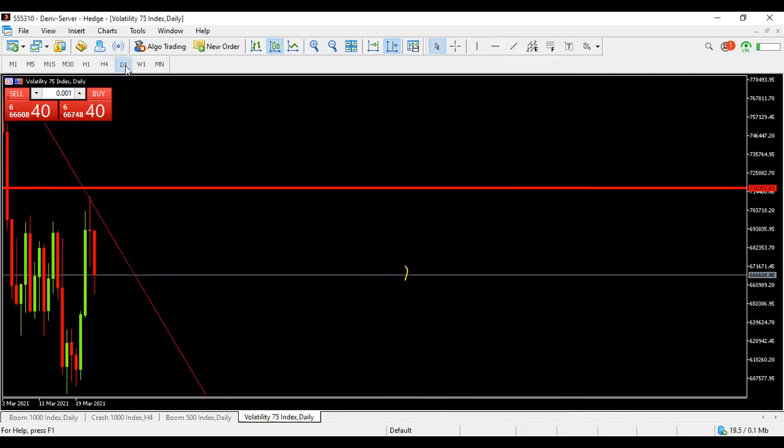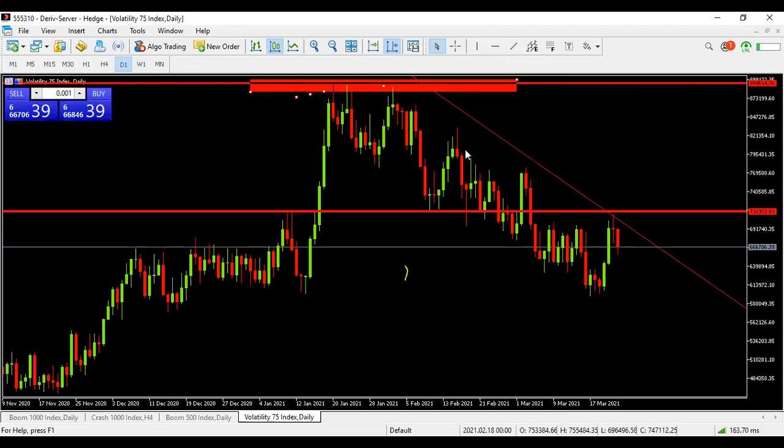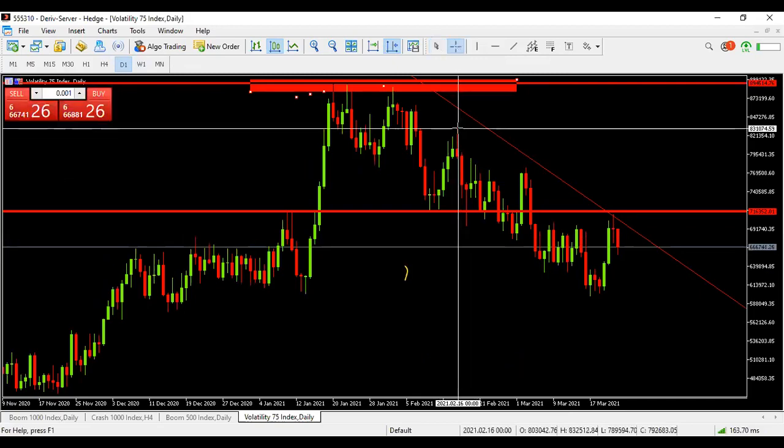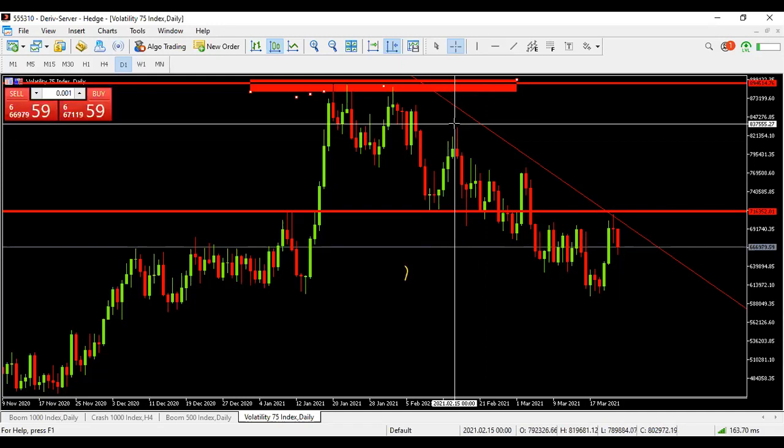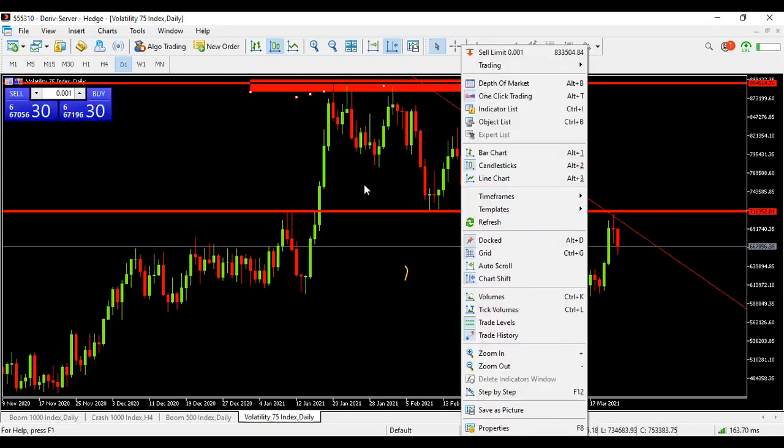Don't jump in when the candlestick is still forming. Like for instance, for this trade now, this was February, right? This thing happened on the 16th of February. You don't want to jump in while the candlestick is still forming. You want to jump in after the day closes.